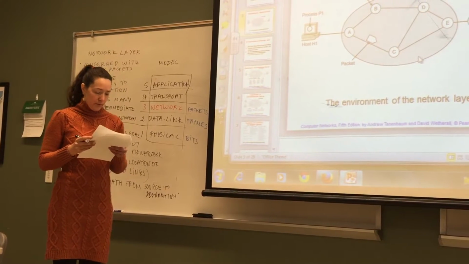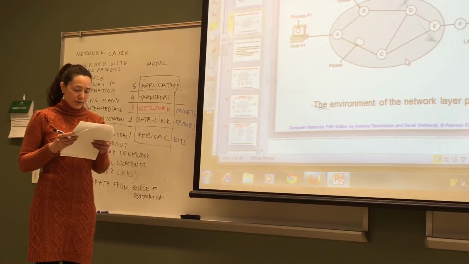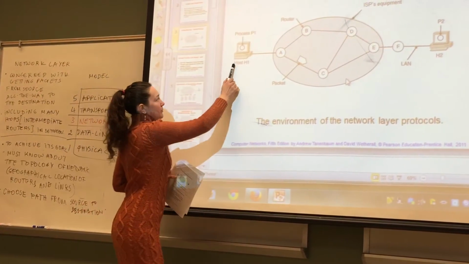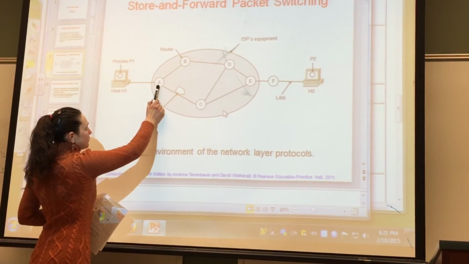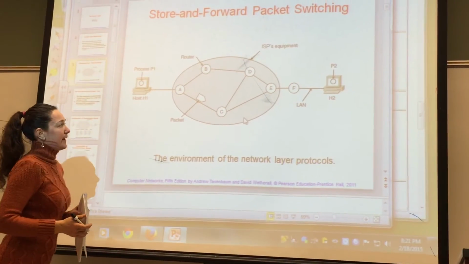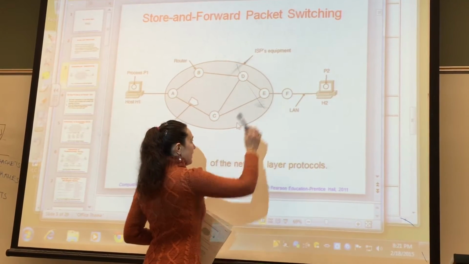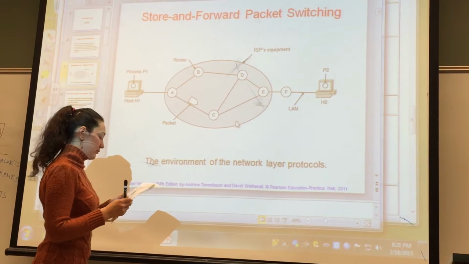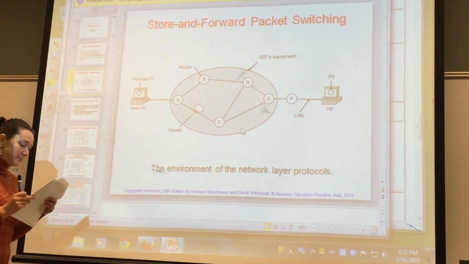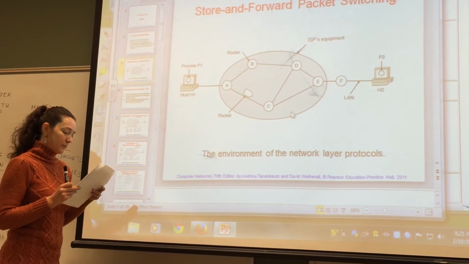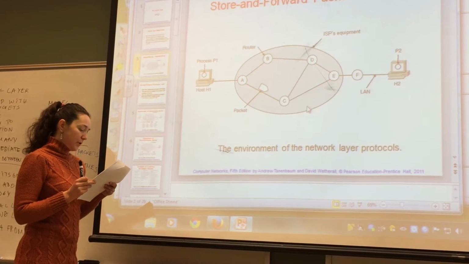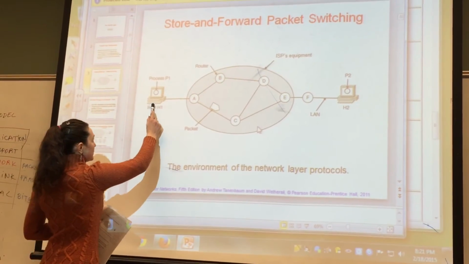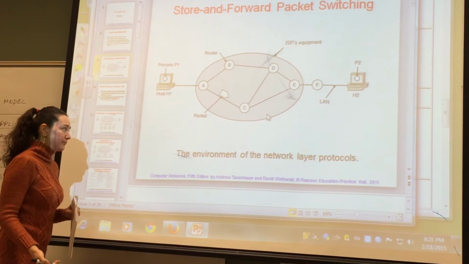So the way this store and forward packet works, this customer is directly connected to one of the routers in the internet service providers, while the other one has an intermediate router in between, which is connected to the internet service provider's router. So when the first host has a packet to send, it just transmits it to the nearest router.